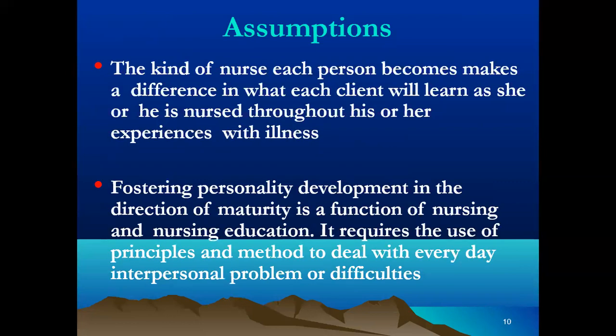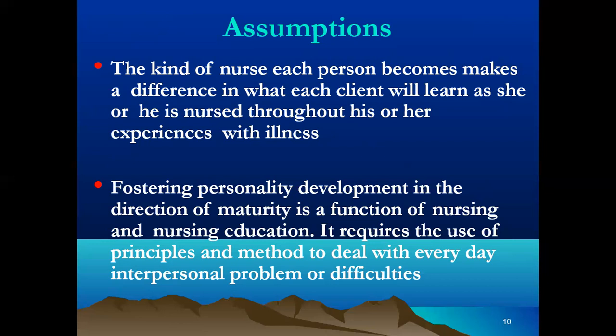What could be some of the assumptions for this theory? The first one is that the kind of nurse each person becomes makes a difference in what each client will learn as he or she is nursed throughout his or her experiences with this particular illness.